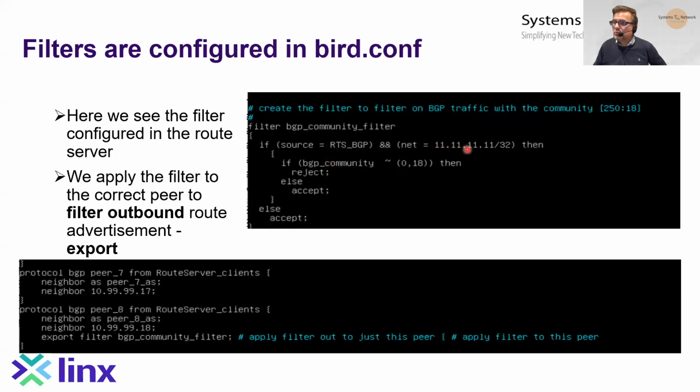If it's not this route, i.e. it's from another peer, then accept. So all other routes that are not this will be accepted in this case. If it is this route, then check the BGP community string, and if it's 0:18, then reject it, don't allow it through. If it's not that community, then you can also allow that through. So for example, if the sender of this route took off that community, then it would be sent through perfectly well as well.